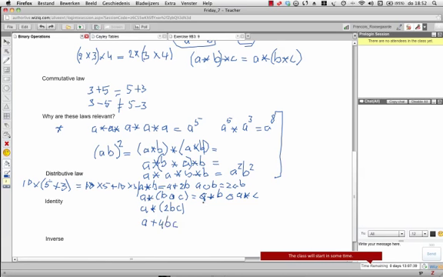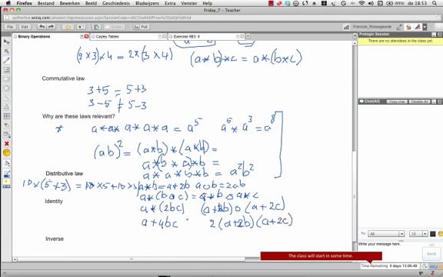On the other hand, A star B gives me A plus 2B, circle A plus 2C, which, if I apply the circle operation, becomes 2 times (A plus 2B) times (A plus 2C).